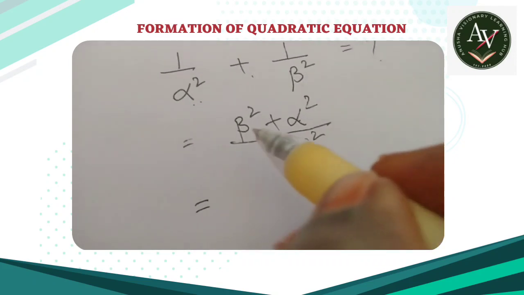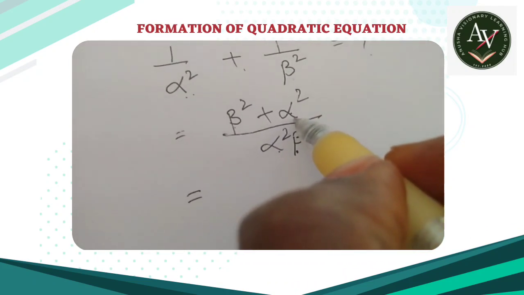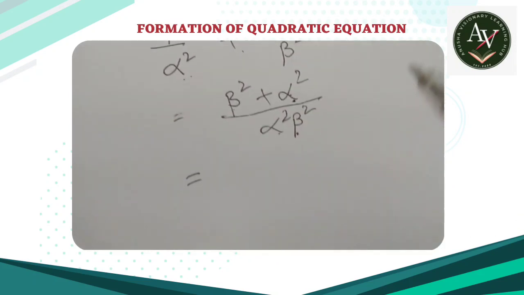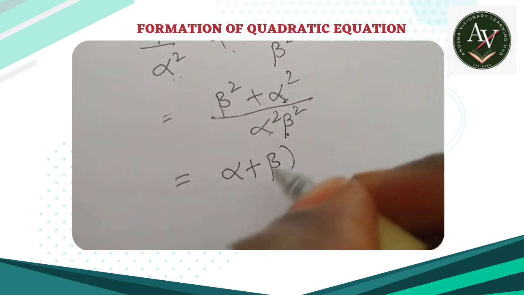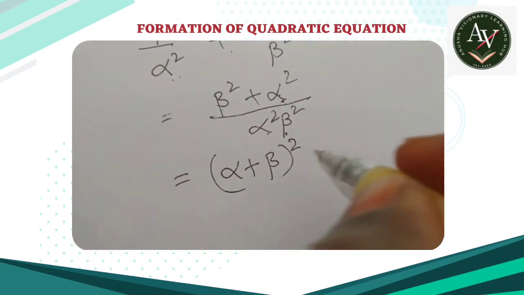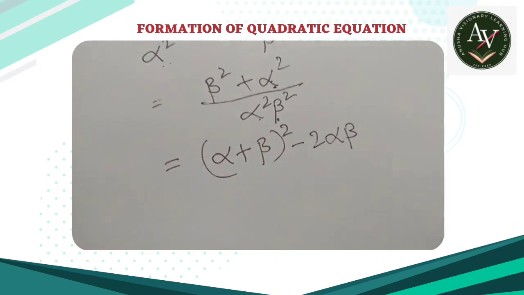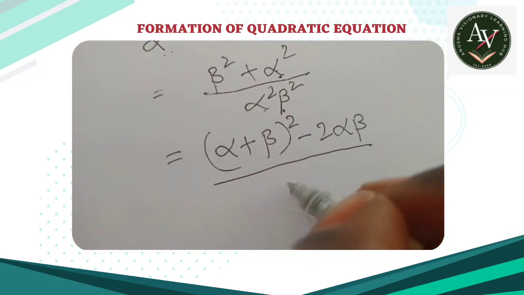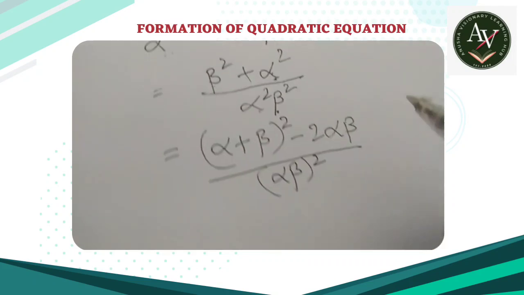Now you can observe that it is in the form of a square plus b square. What is the formula to find a square plus b square in terms of a plus b? Yes, we can write (alpha plus beta) whole square minus 2 alpha beta, whole divided by, we can write alpha square beta square as (alpha beta) whole square.